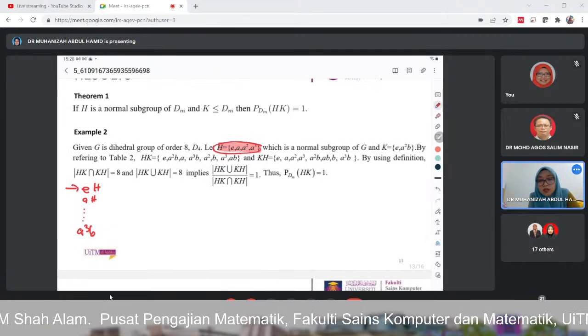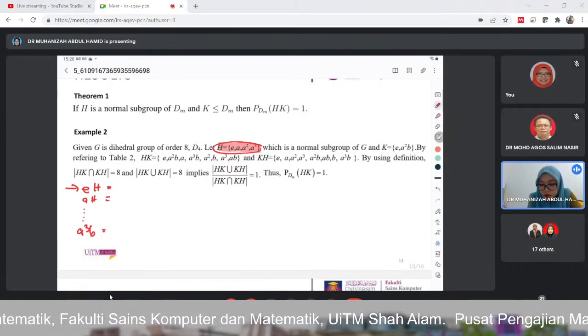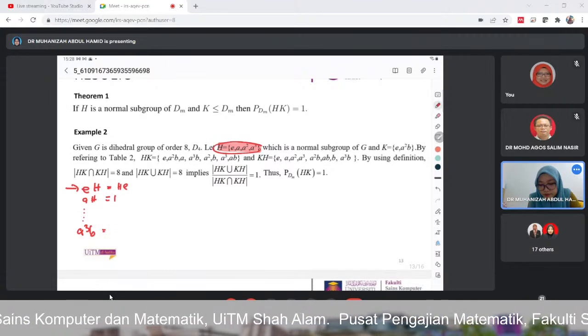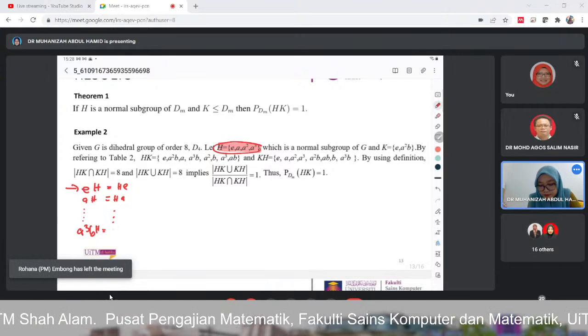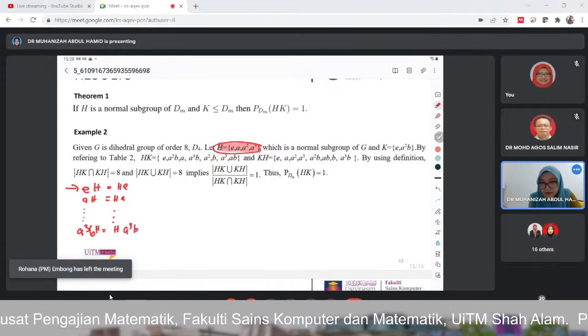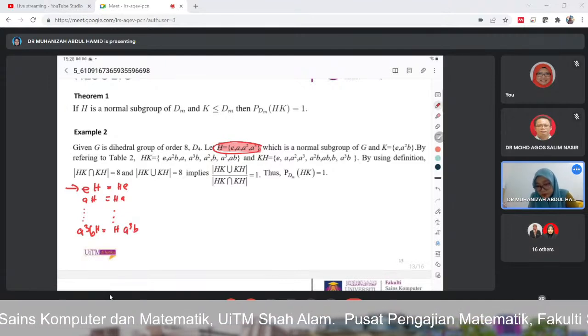This we call the left coset, and they are all equal to the right coset. That is why we say this is a normal subgroup.